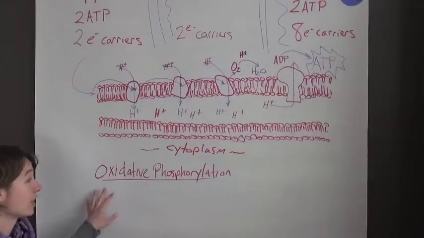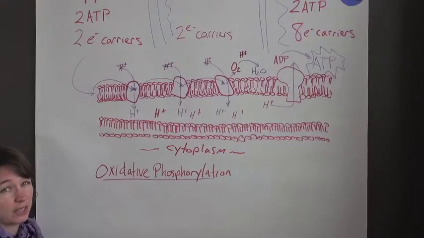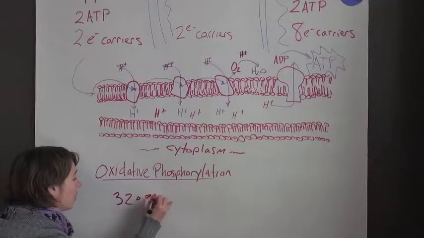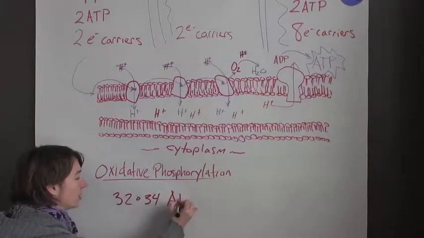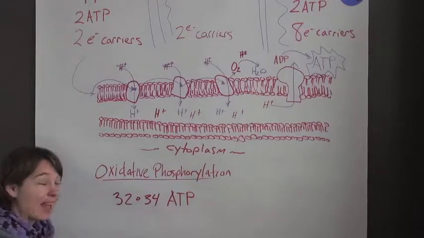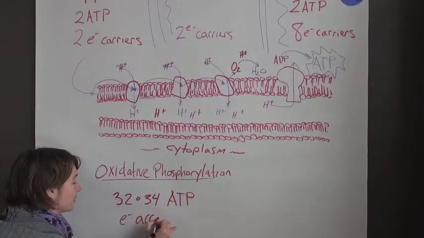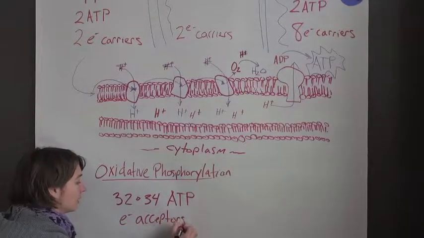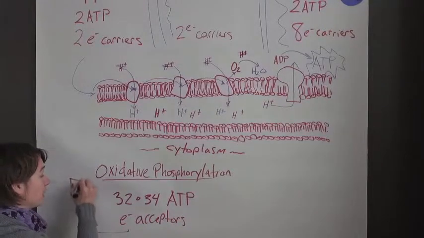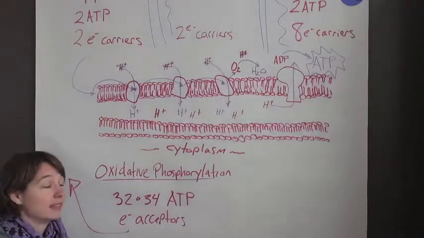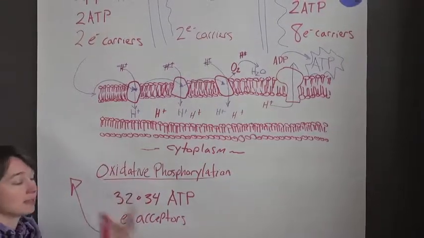So oxidative phosphorylation creates a lot of ATP. We either get 32 or 34 molecules of ATP, and plus we get a lot of electron acceptors. And those electron acceptors can go back to glycolysis, the Krebs cycle, and so the whole process can keep going.